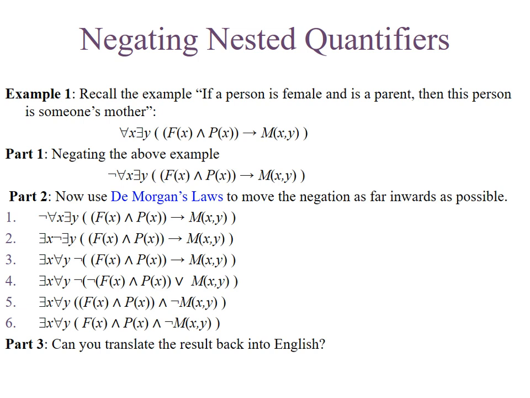Then this is the negation of the original sentence. The original says if a person is female and a parent, he must be someone's mother. But now we have a particular person. This person is female and a parent, but she's not anyone's mother, not any of x, y. Okay, so that's the negation of the original nested function.